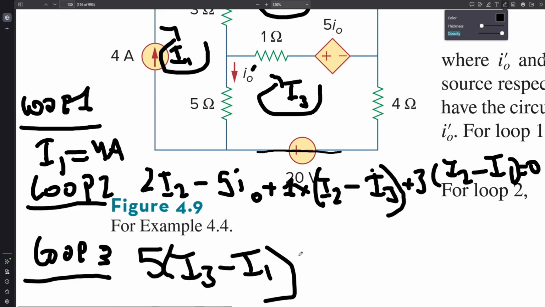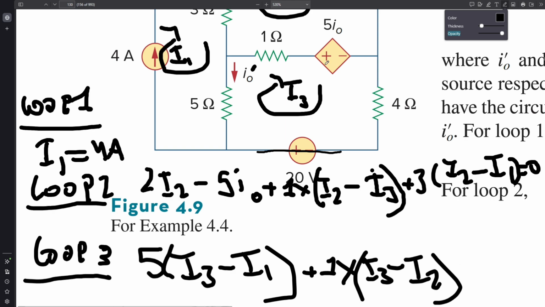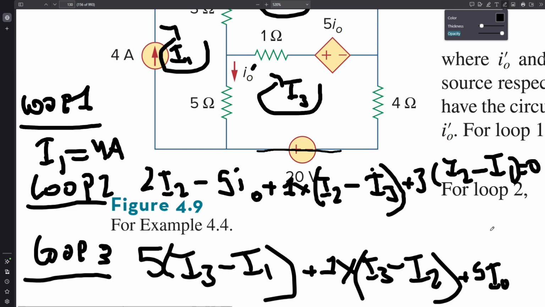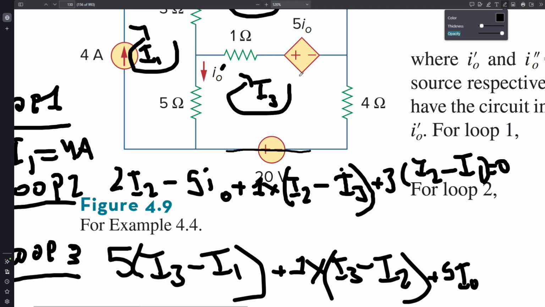And for 1 ohm, now we prioritize I3, so it's going to be plus 1 times I3 minus I2 this time, because I3 is prioritized. And then the last thing is going to be plus 5I0 and plus 4I3 equals 0.